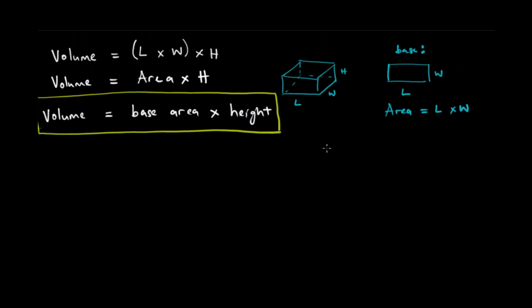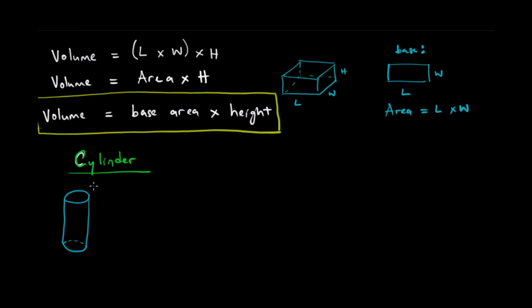Let us now focus on a cylinder. Let us see how we will do it. So we looked at a cylinder. What did we say about a cylinder? What is the base of a cylinder?